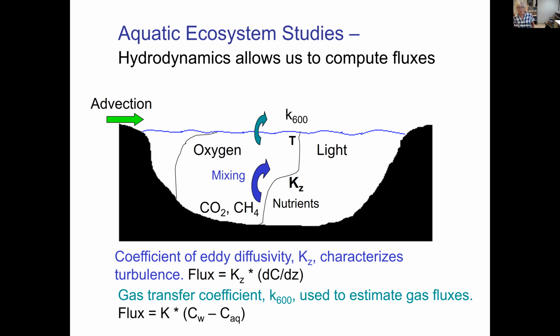But there's another K that we really like to get in physical limnology. And unfortunately, I'm not going to do justice to it today. But again, this one is flux equals this K times the concentration gradient here in the water and then up at the very surface of this diffusive boundary layer. And I won't go into more detail with that.